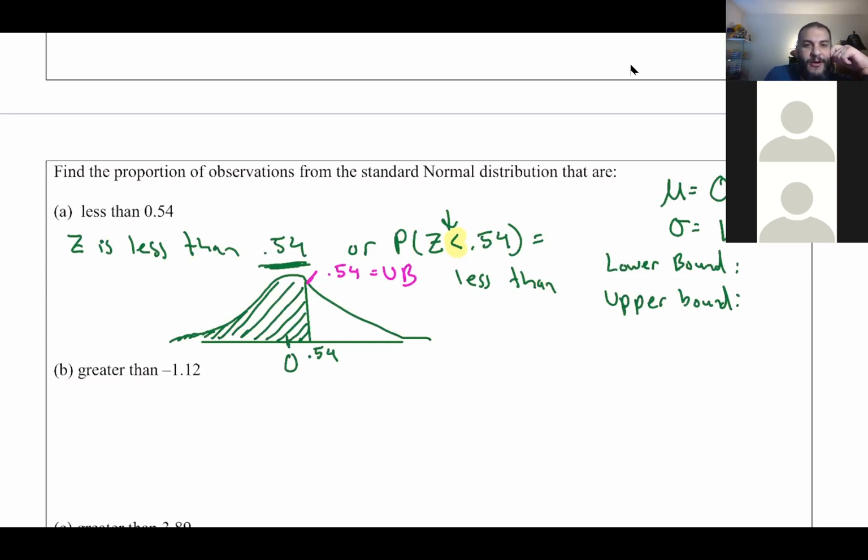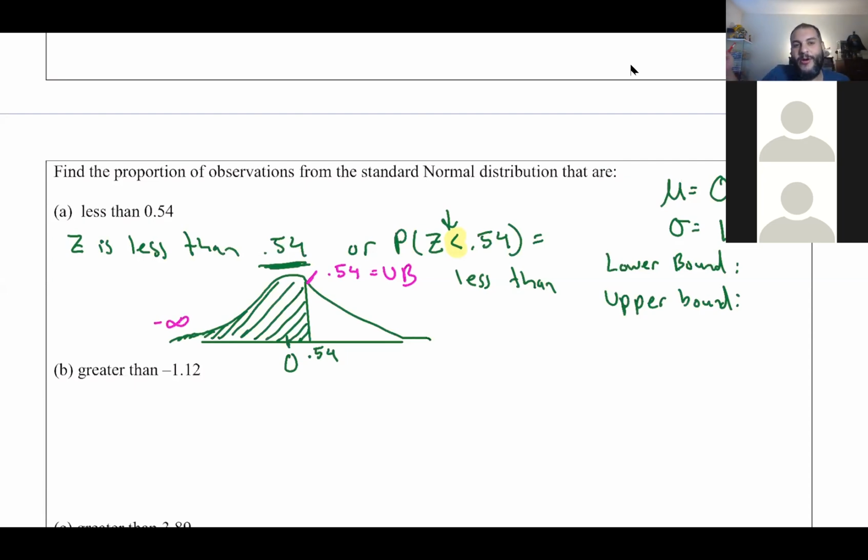What about my lower bound? What's the lowest point that gets shaded? Or is there a lowest point, or does it keep on going and going? Keeps on going? Yeah. One thing you have to know: if it keeps on going to the left-hand side, that means going to negative infinity.